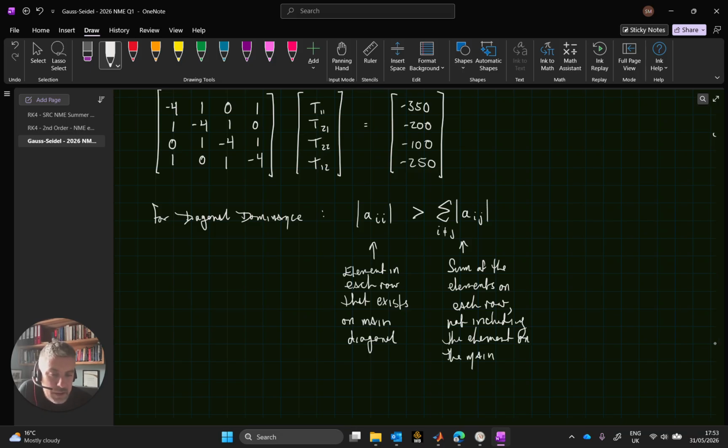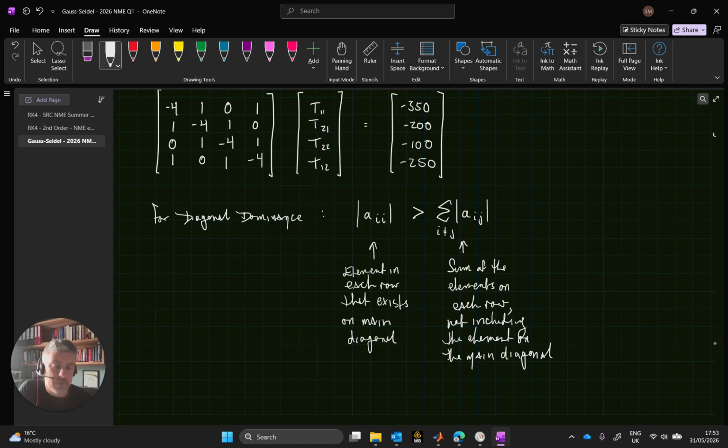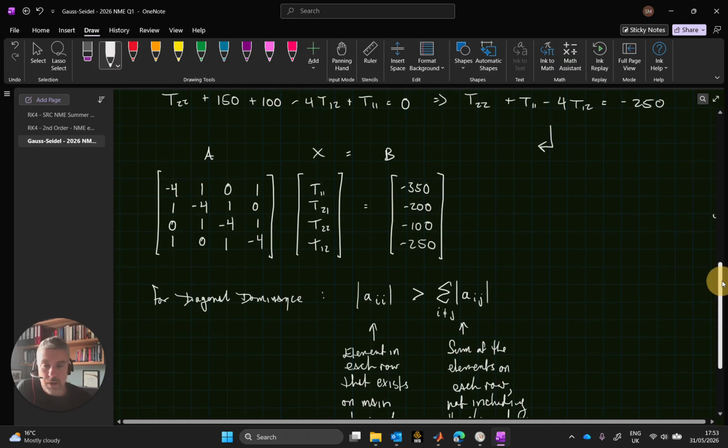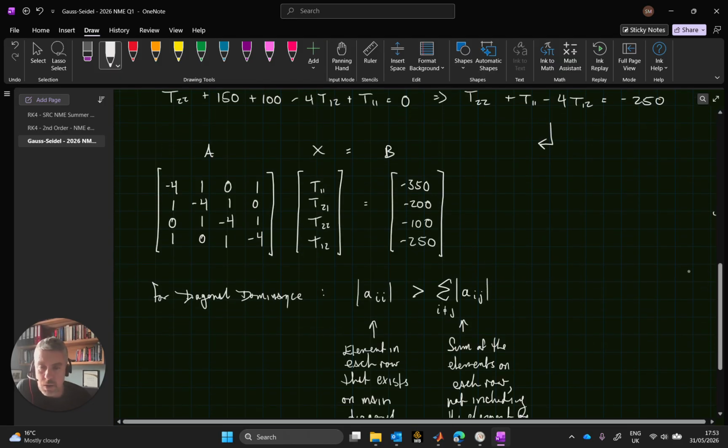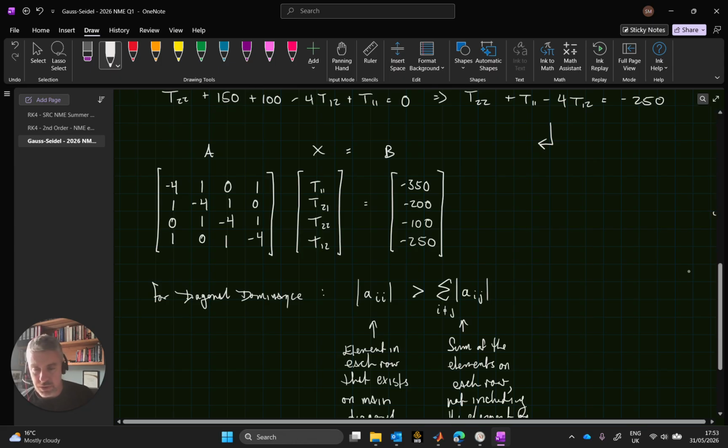Okay, so we could see, because it's a very simple matrix, we're not dealing with very difficult numbers. These are all obviously magnitudes. The magnitude of the element on the main diagonal on each row is 4. Row 1, it's here. Row 2, this is on the main diagonal.